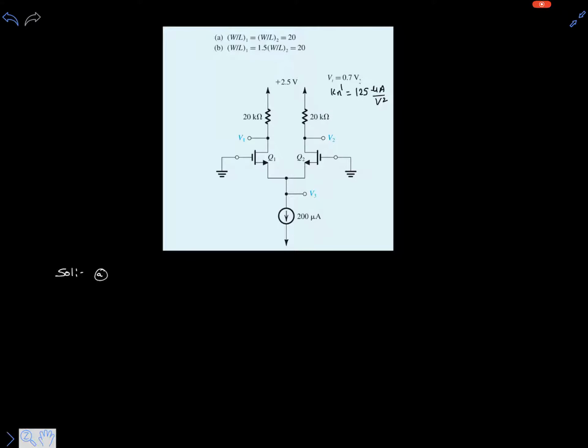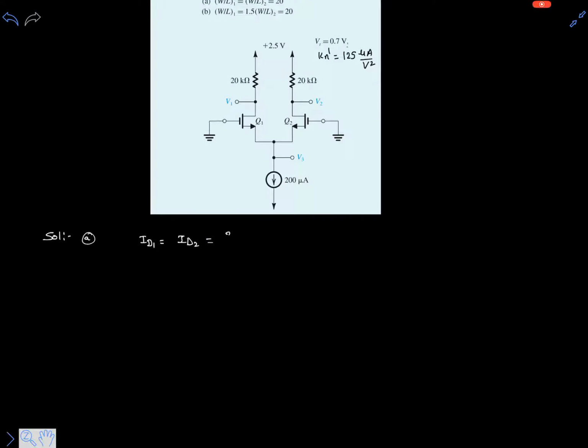Everything is the same, so we can expect the drain currents ID1 equals ID2, exactly half of 200 microamperes, that is 100 microamperes. So the V1 and V2 part is very easy actually.